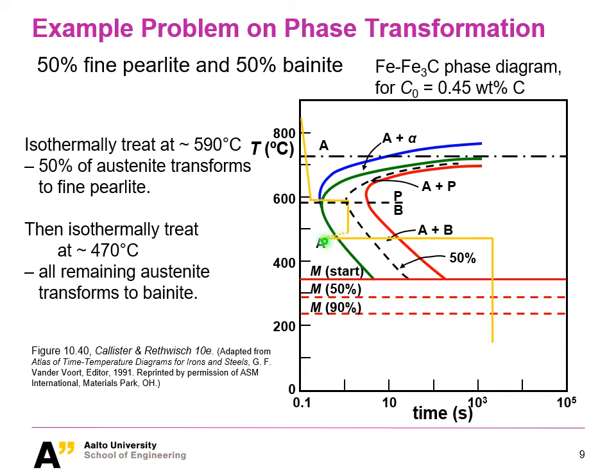So starting from this time, actually rather that time, your 50% of austenite will start to do the transformation. But now you need to only consider your austenite, right? You can treat your austenite as 100%, and it will start transformation.